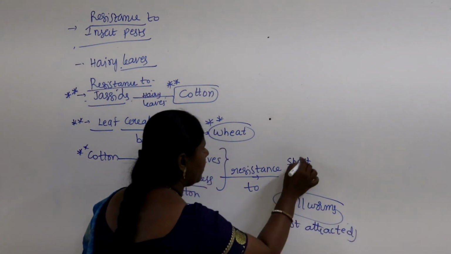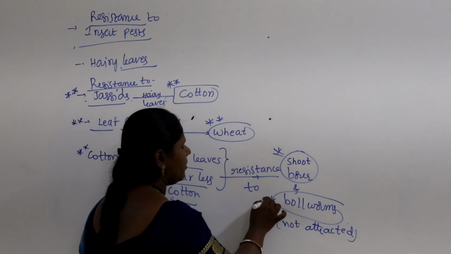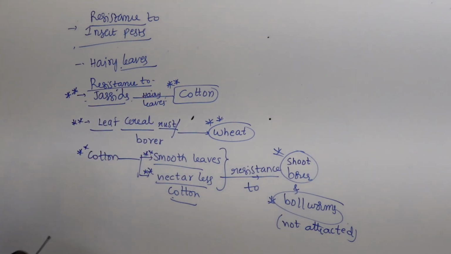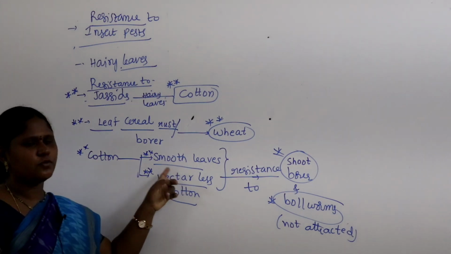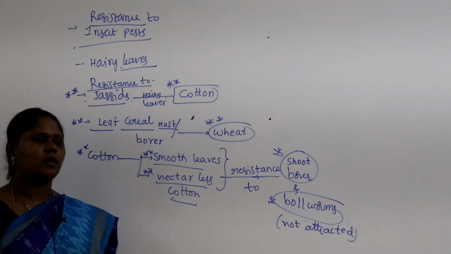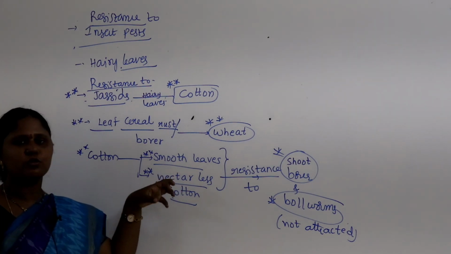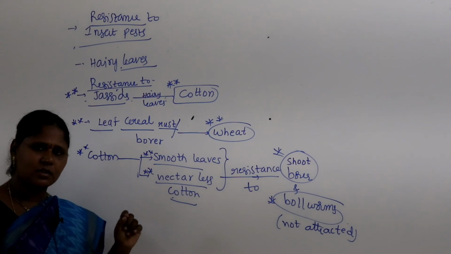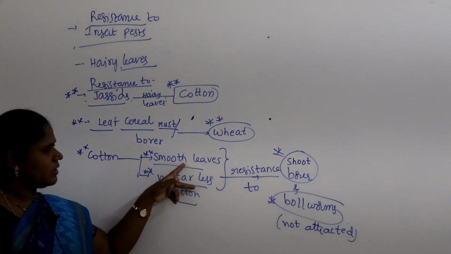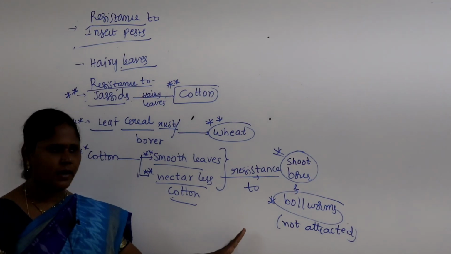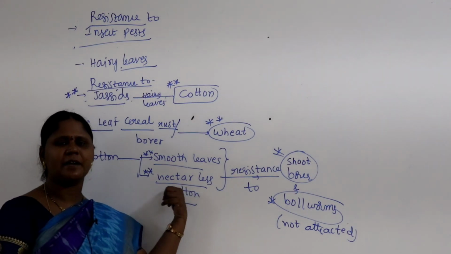Why they are not attracted? Guys, I'll come back to the point again with more clarity. In cotton, because of two characters, means we are modifying the gene and we are making the gene to produce smooth leaves and nectarless cotton. In cotton, it is nectarless. When these two characters are there, then bollworms are not attracted, means they don't prefer to take nectarless cotton.